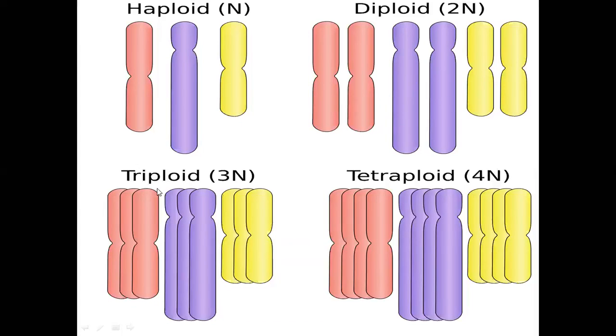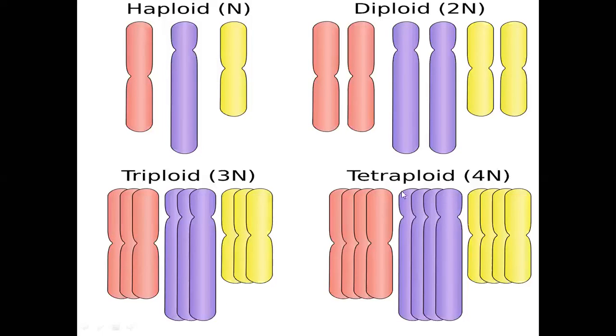When it comes to triploid or 3n, each chromosome has 3 copies. So it is 3 pink chromosomes, 3 blue chromosomes and 3 yellow chromosomes for our better understanding.